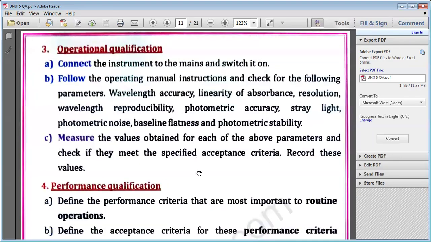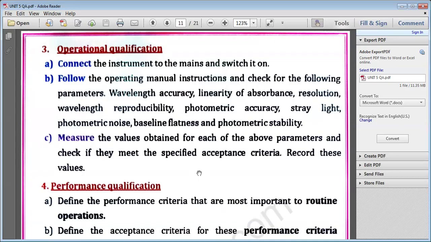Coming to the operational qualification. The first step is connecting the instrument to the mains and switching on. Follow the operating manual instructions and check the following. What do we have to check?